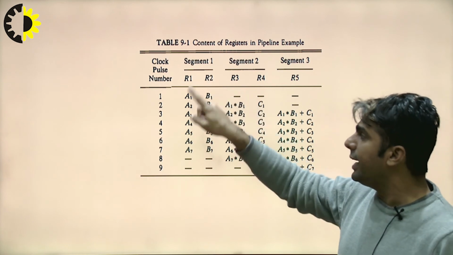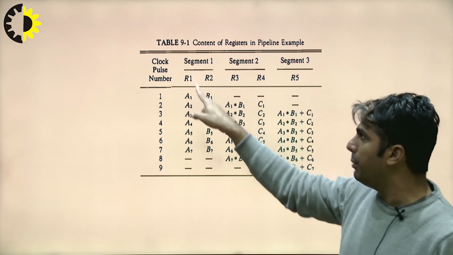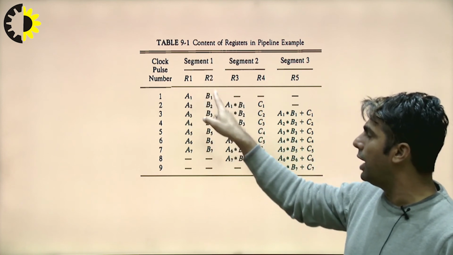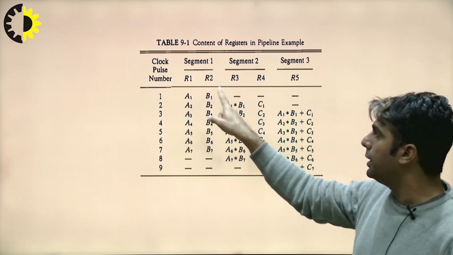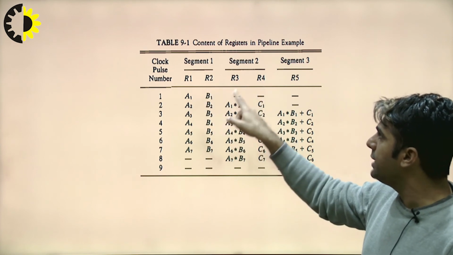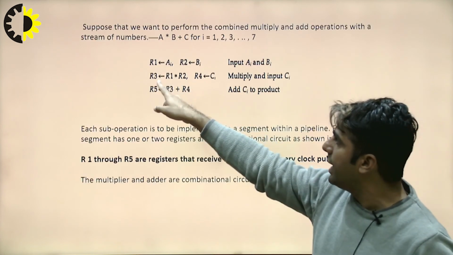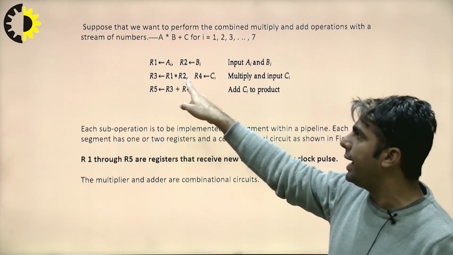Now on the second clock pulse, what is happening? Segment 1 has passed this input, A1 and B1, to segment 2. Like we have just seen here, R3 is getting R1 and R2 on the next clock pulse.